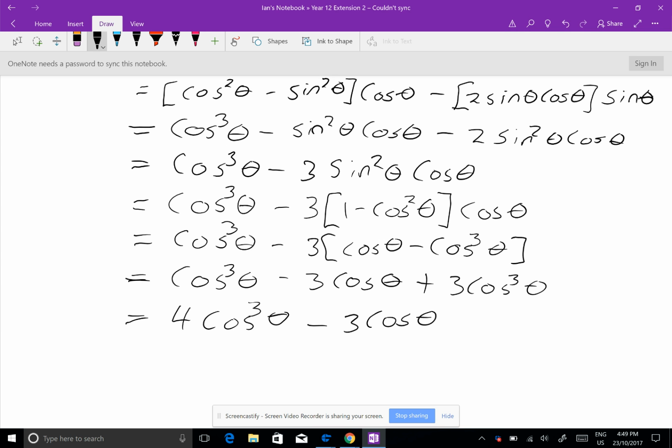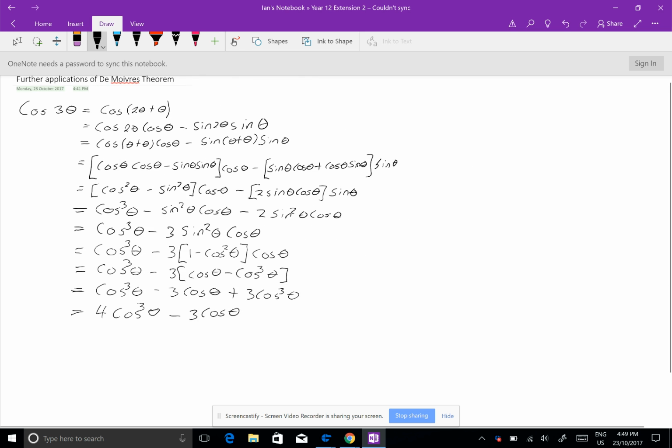Now, that's a lot of work, and you're going to have to do it for cos 4 theta and sine 4 theta and tan 4 theta.